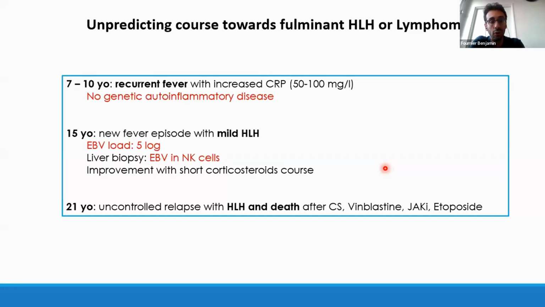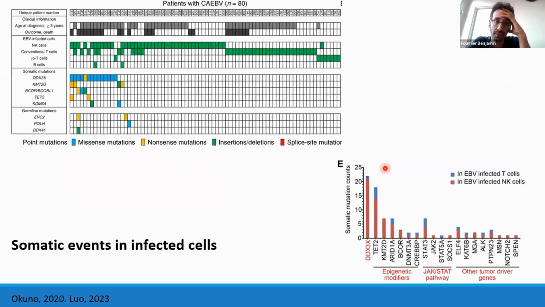He had only a short course of corticosteroids, and then he was extremely well without any flares for years, but he still had a very elevated EBV in the blood. And at 20 years old, he died very suddenly of very fulminant HLH, despite all the treatment that could be given to him. So very difficult to predict who should be treated and when.